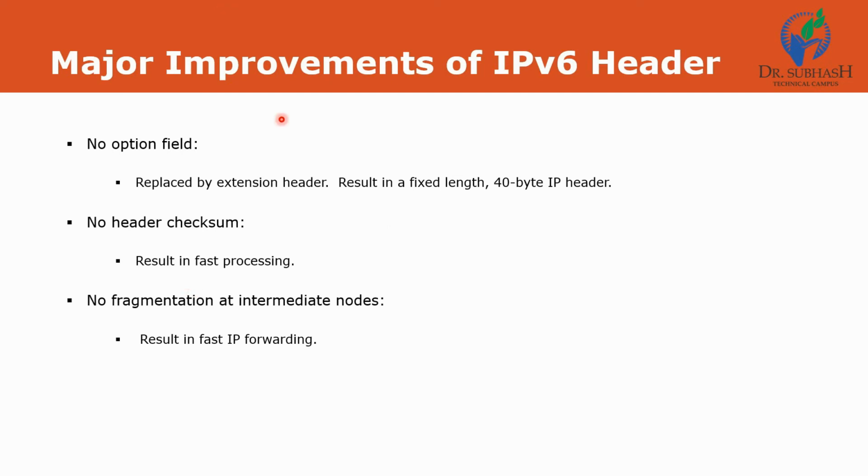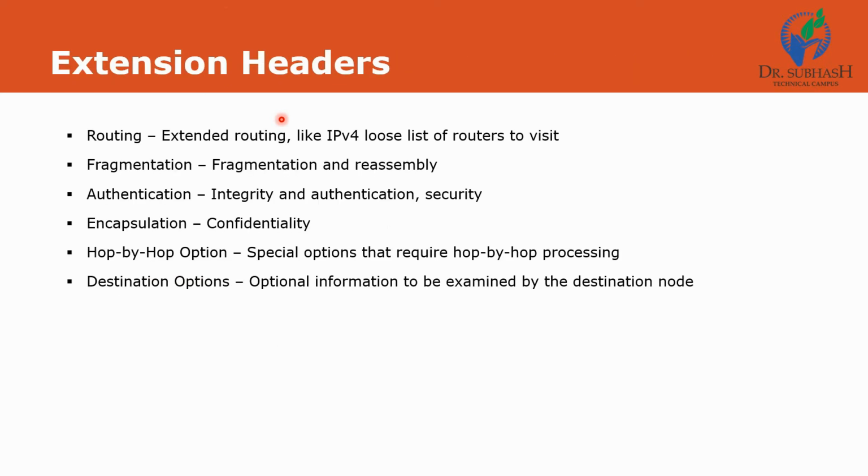Major improvements of IPv6: no option field, no header checksum and no fragmentation at intermediate nodes. What are the new features available in IPv6? Routing, fragmentation, authentication, encapsulation, hop by hop options, destination options.